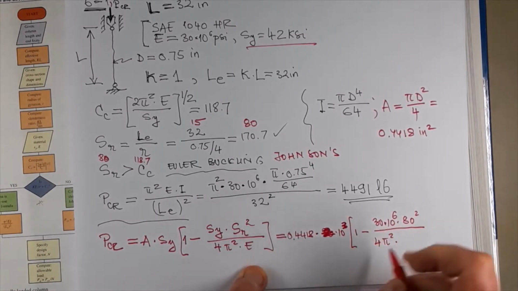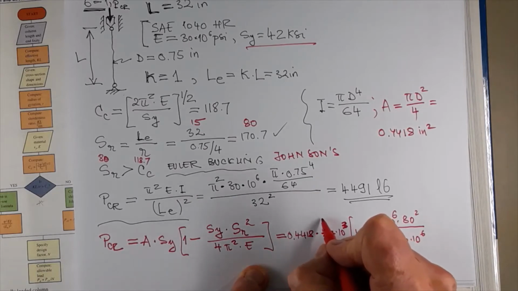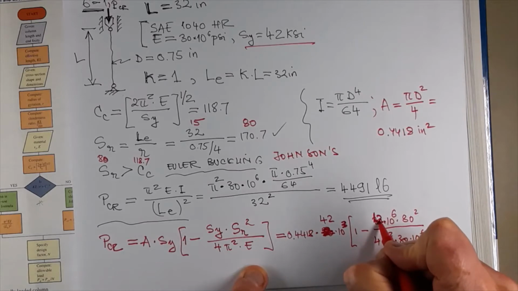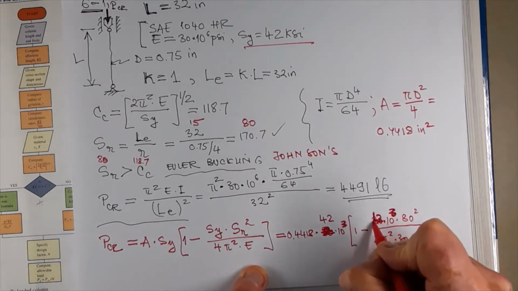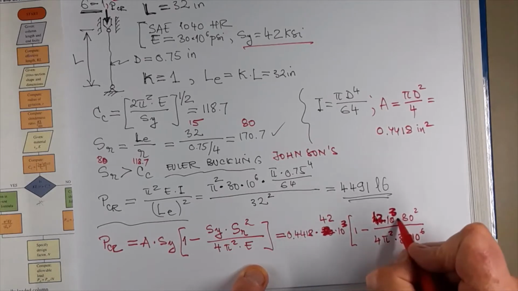So this is 30 times 10 to the power 6, while the yield strength is 42 times 10 to the power 3. Okay.